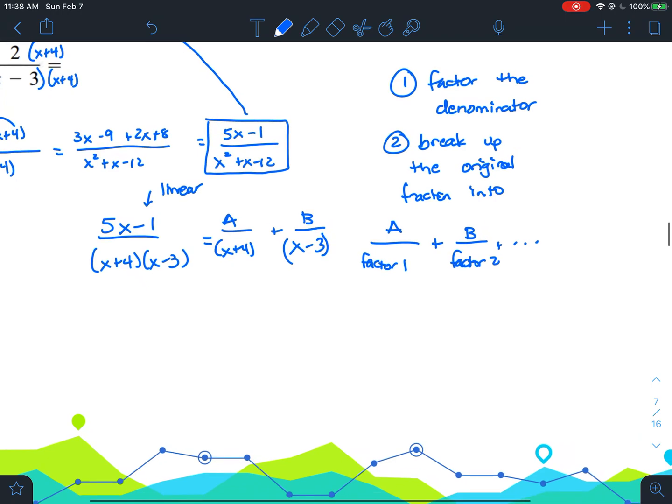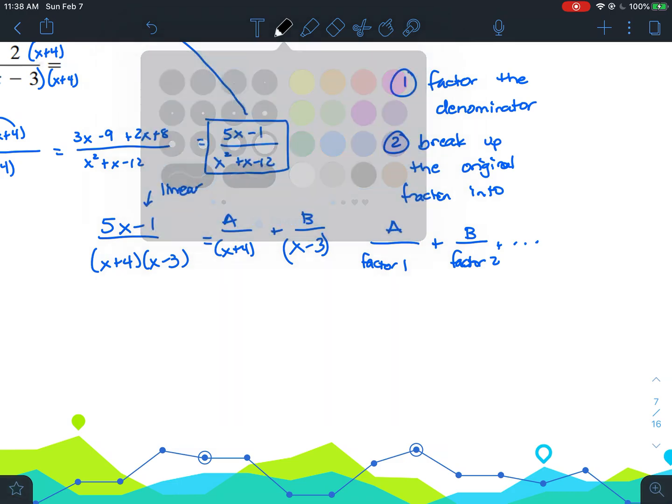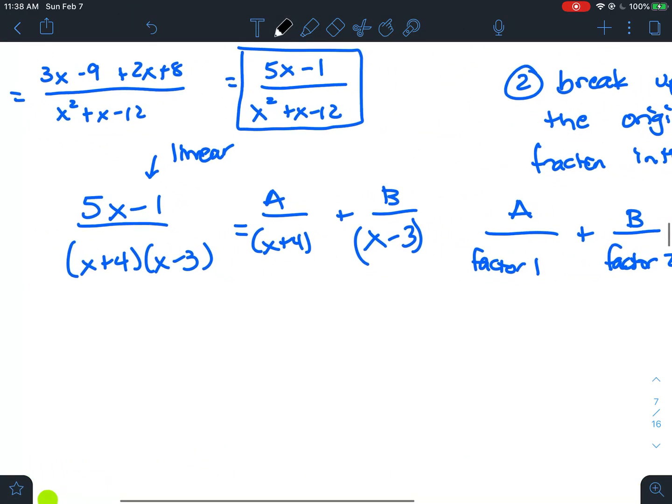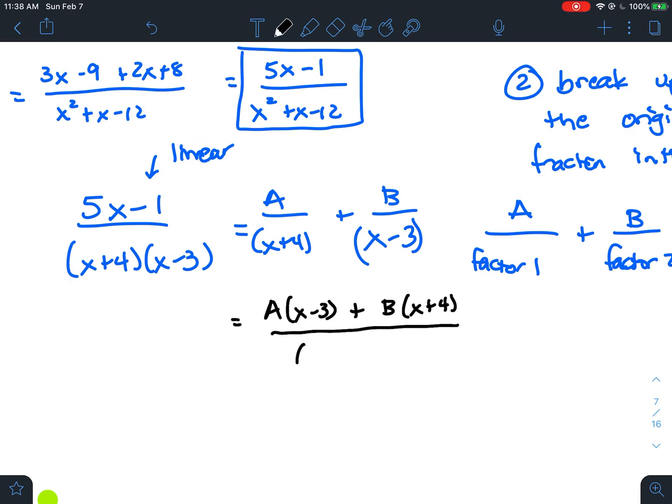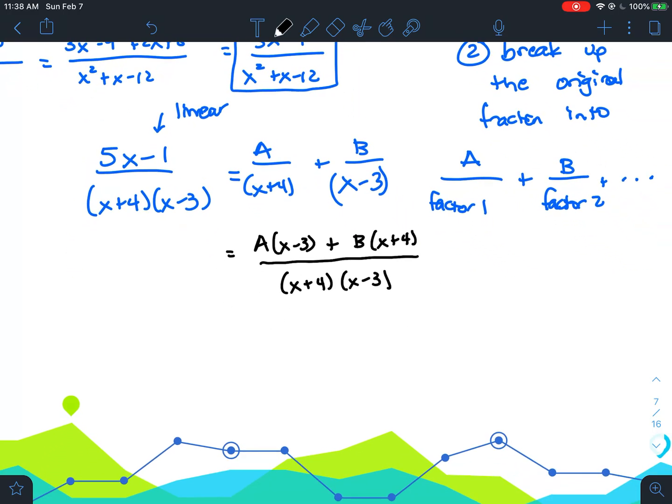I need to figure out what the A and B are to make this expression true. Notice if I were to put this back together into one fraction, the A is missing the x minus 3 factor, plus the B is missing the x plus 4 factor, and then the common denominator would be x plus 4 times x minus 3, just like we did up above.